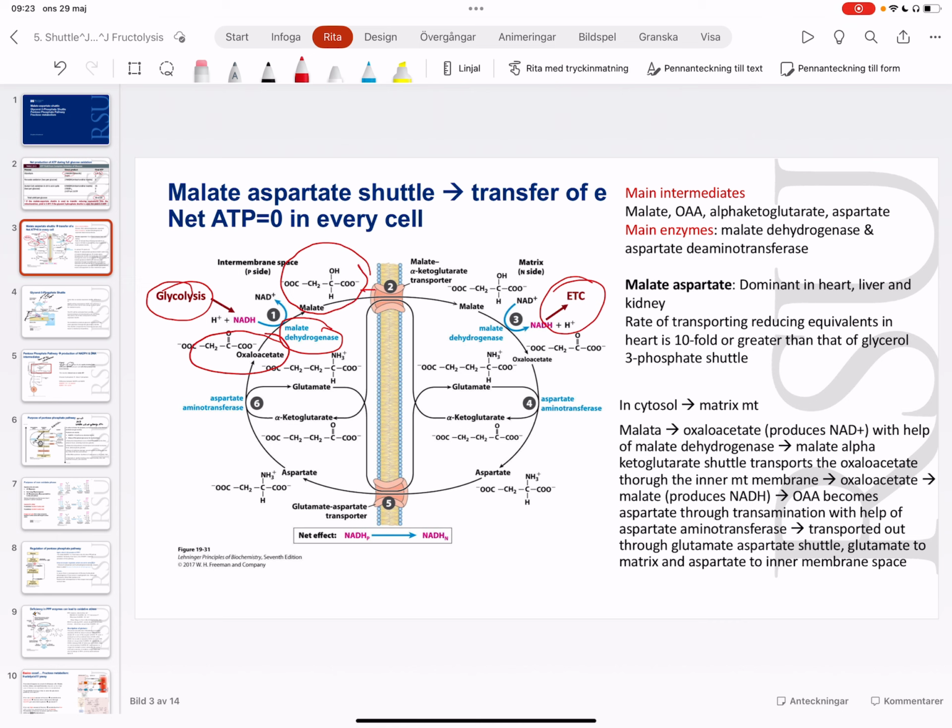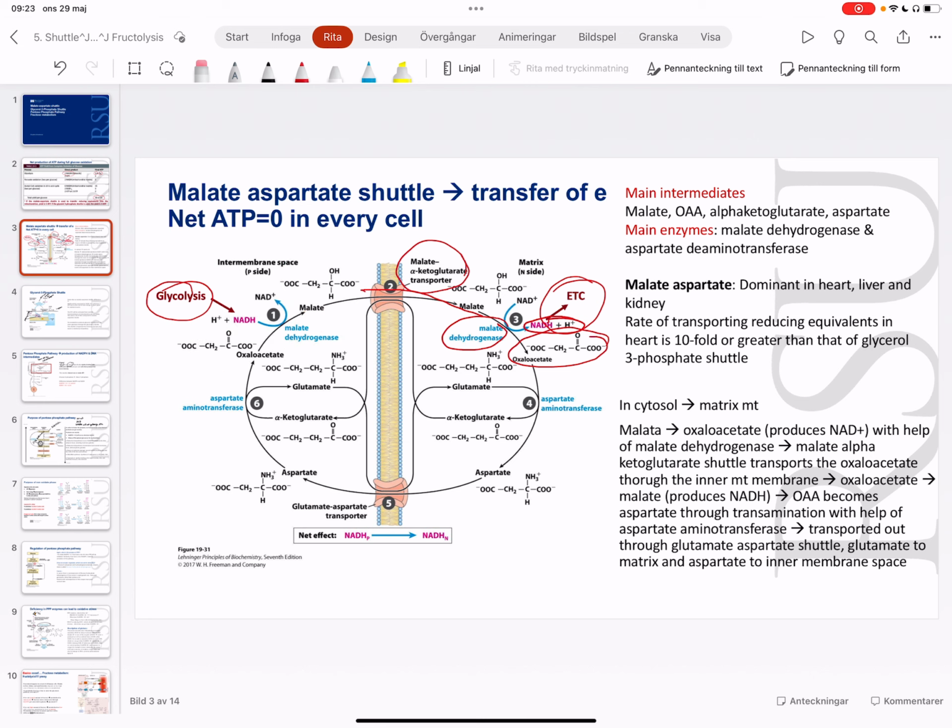And the malate molecule, we can transport it through this malate alpha-ketoglutarate transporter. And then malate can be converted into oxaloacetate through malate dehydrogenase, and then we will produce an NADH plus H plus molecule in the matrix.